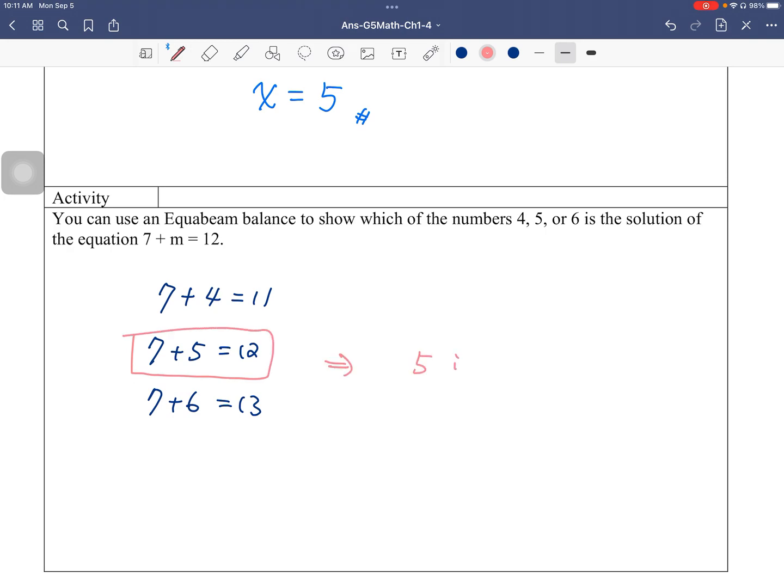So 5 is the solution of the equation 7 plus m equals 12.